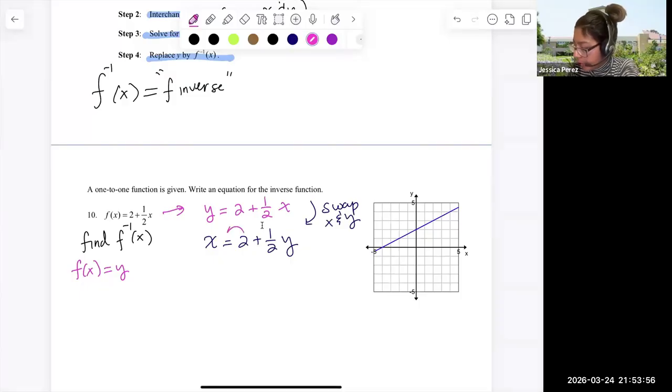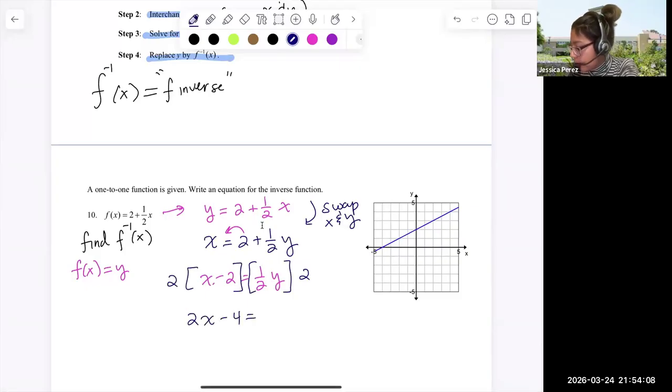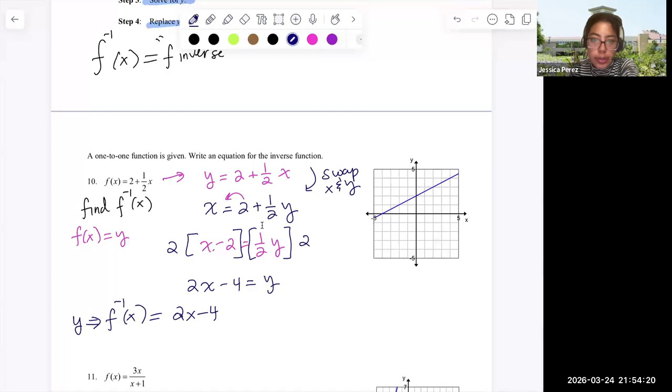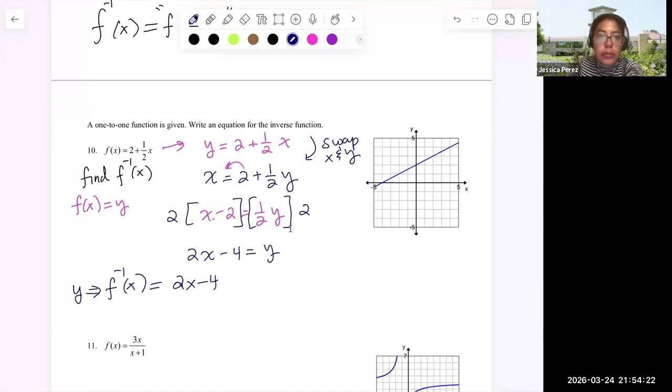So I'm going to move the 2 over. x minus 2 is equal to 1/2 y. Multiply everything by 2. And I get 2x minus 4 is equal to y. But we finish by having y to be now f inverse of x is going to be equal to 2x minus 4. So that is exactly my inverse function.